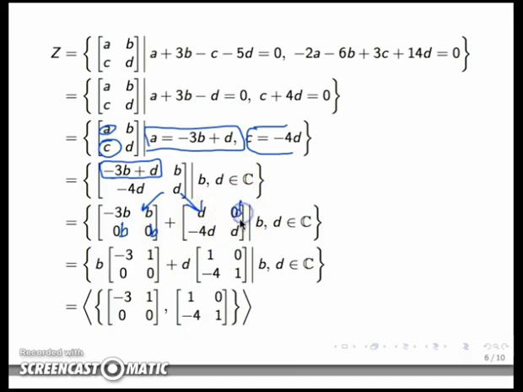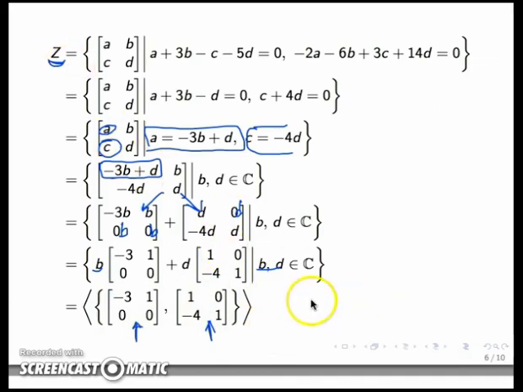You can think of this as 0D, which means that we have B times this matrix minus 3, 0, 1, 0, and D times the matrix 1, minus 4, 0, 1. And since B and D are free variables, this linear combination denotes that this set Z is the span of the set that contains this matrix and that matrix.